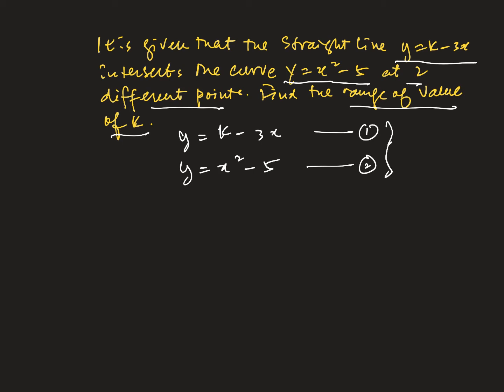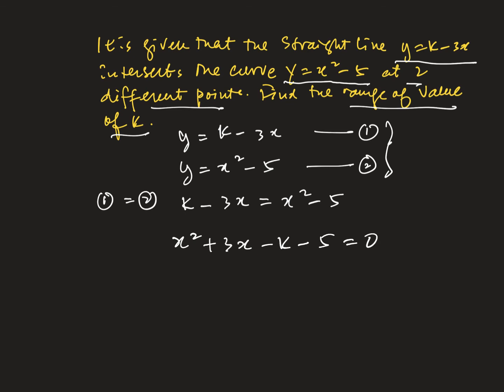Since y equals y, 1 is equal to 2. So k minus 3x equals x squared minus 5. We arrange it, and it becomes x squared plus 3x minus k minus 5 equals 0.